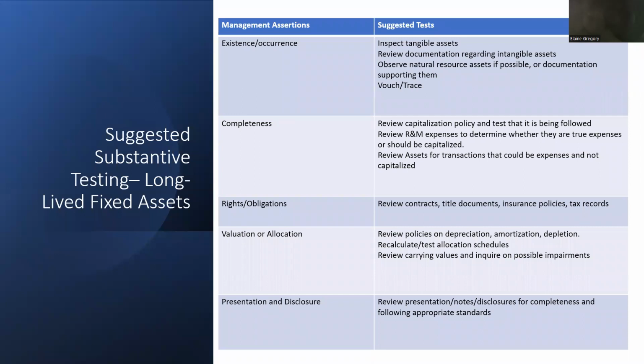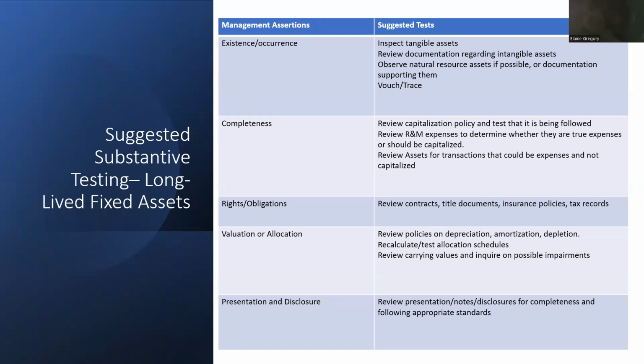Now, some suggested testing for long-lived fixed assets. To recap, inspect those assets. Review documentation regarding them. Observe natural resource assets if possible, or documentation that supports them. Vouch and trace asset to the general ledger back to the asset.